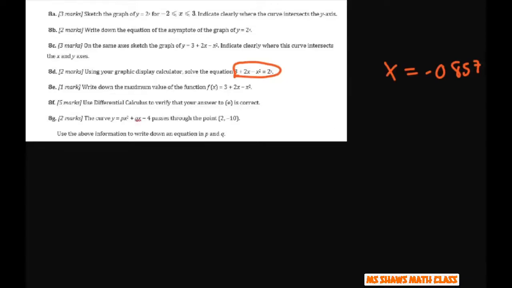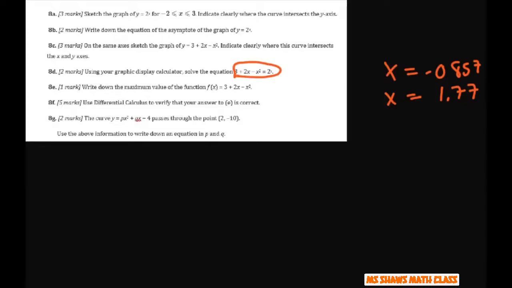And we also should have x equals 1.77. So you can either use the second trace or second calculate and find your solutions for that. All right.